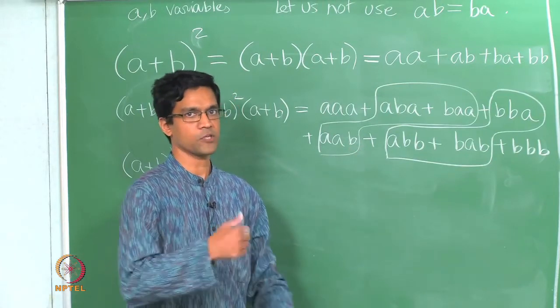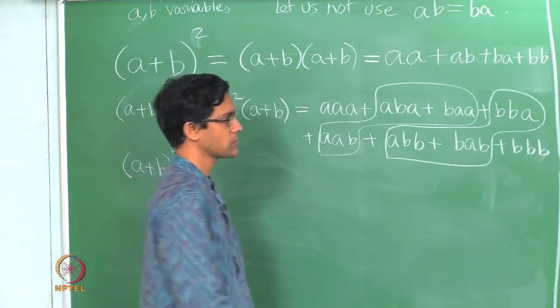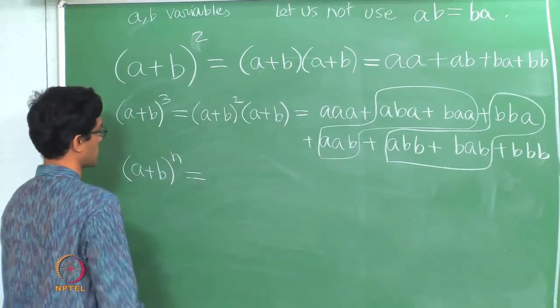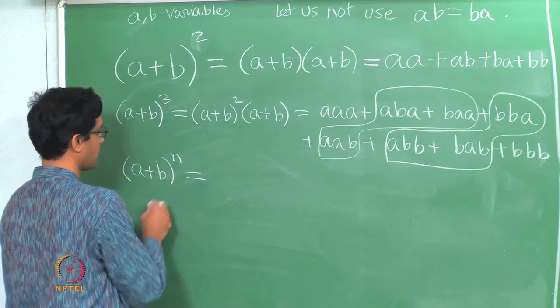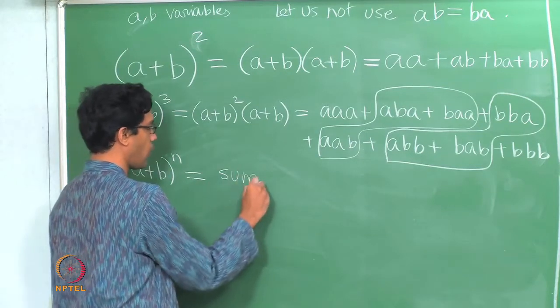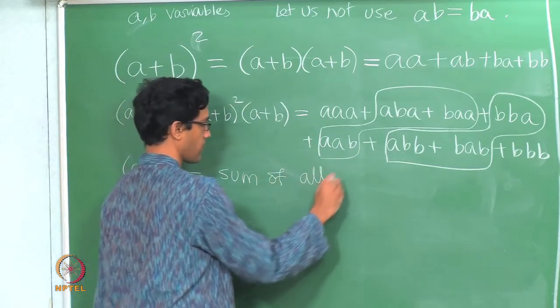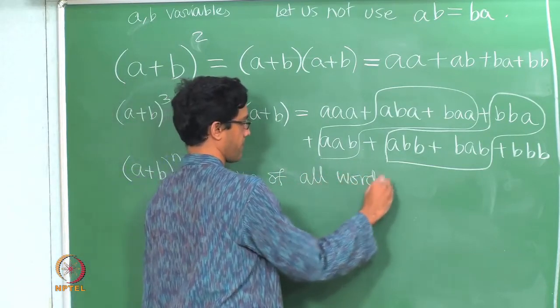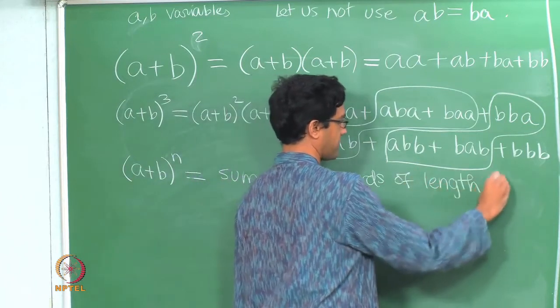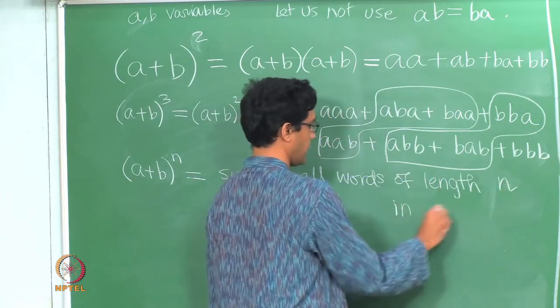I have written every possible word of length 3 in A's and B's. So the next step is of course length 4, but it's clear by doing this repeatedly that (a+b) whole power n is just the sum of all words of length n in A and B.